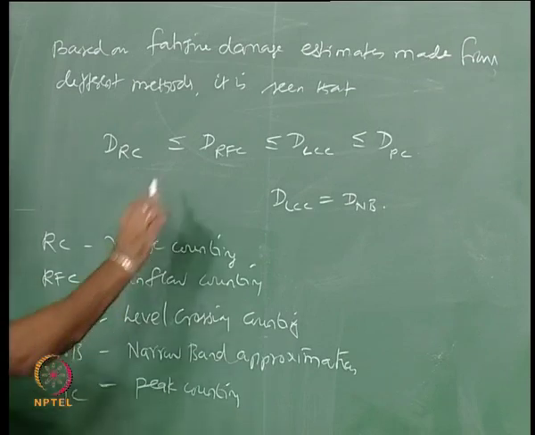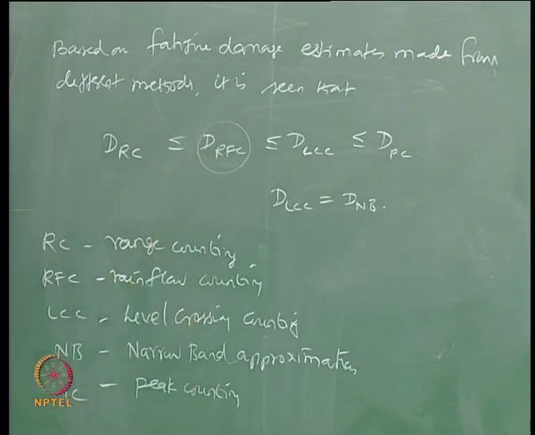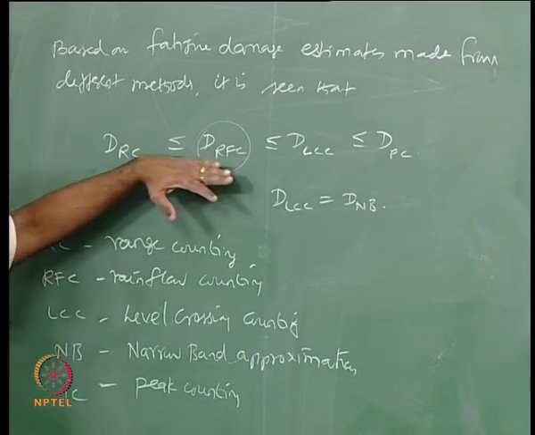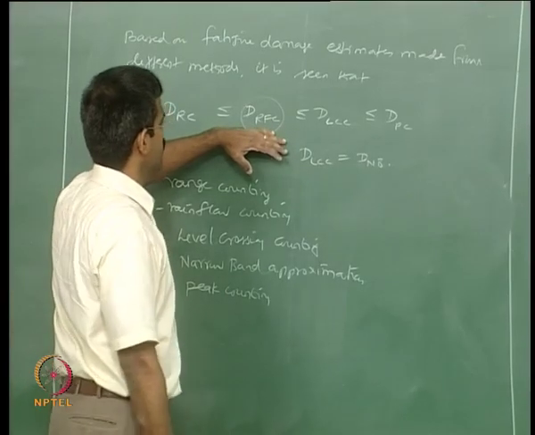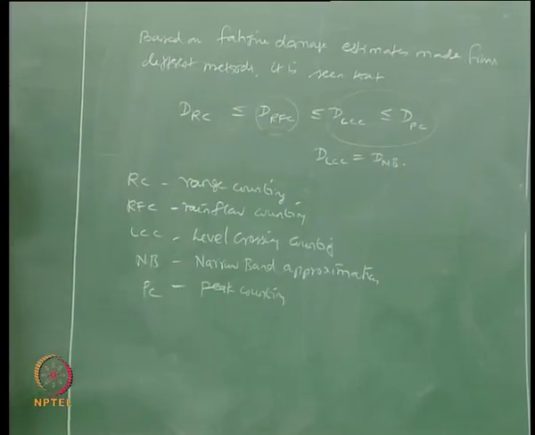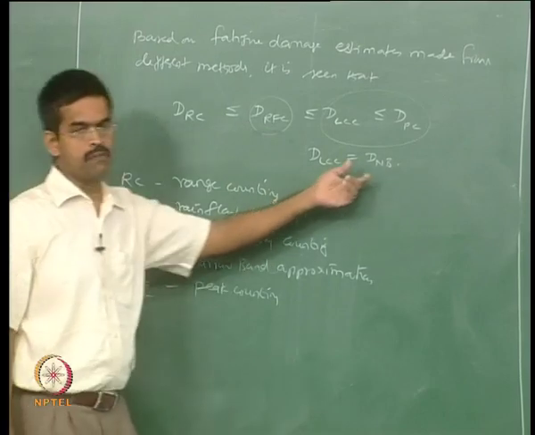So, rain flow counting gives you a conservative estimate compared to that of the range counting, but it is giving you an estimate of damage based on fatigue lower than the level crossing counting and the narrow band counting, right.